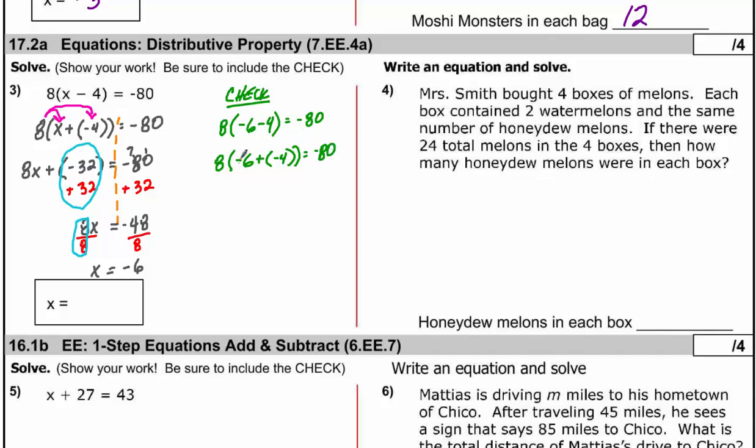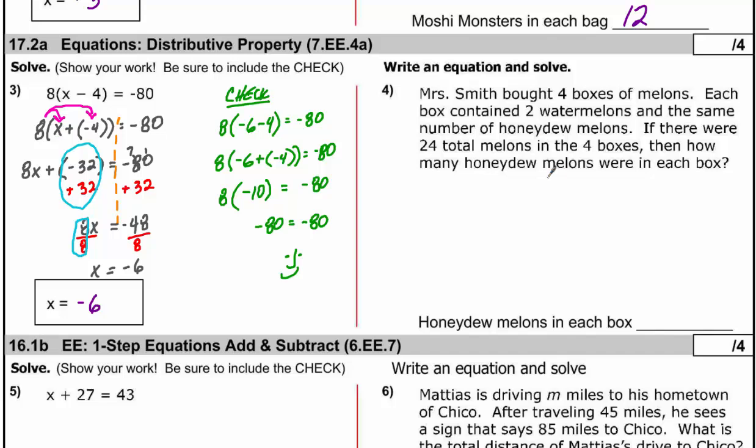Because I find it easier if I'm adding 2 negatives, that makes more sense to me. I have 6 negatives, add 4 more negatives, that gives me 10 negatives. And all of that equals negative 80. 8 times negative 10, that's negative 80. This is negative 80. That all looks great, and I can be confident with my answer of negative 6.